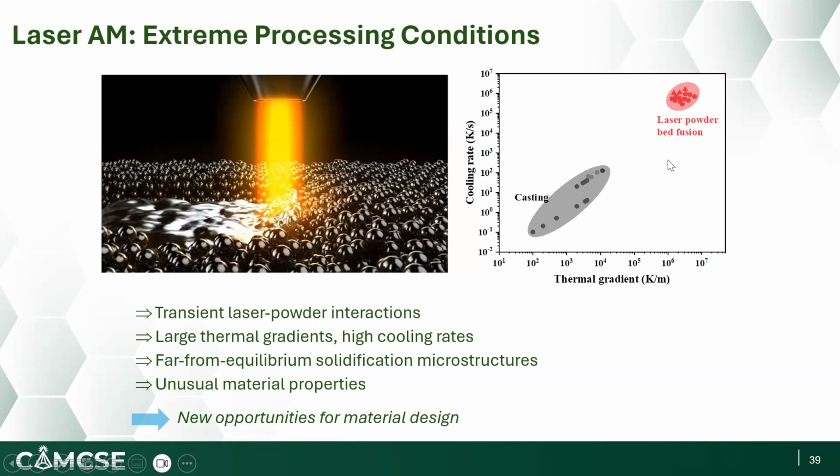You will see that laser additive manufacturing exhibits several orders of magnitude higher cooling rate and larger thermal gradients compared to conventional manufacturing such as casting. This allows us to achieve far from equilibrium solidification microstructures as well as unusual material properties. So in a sense, laser additive manufacturing provides us with new opportunities for material design.